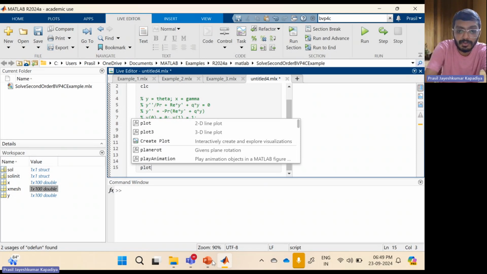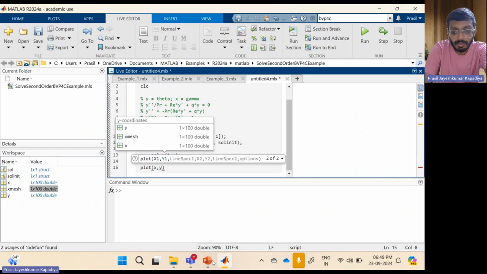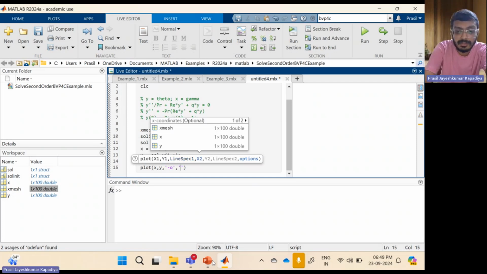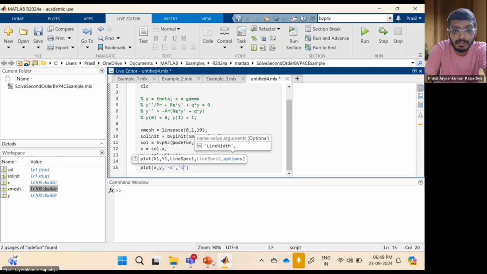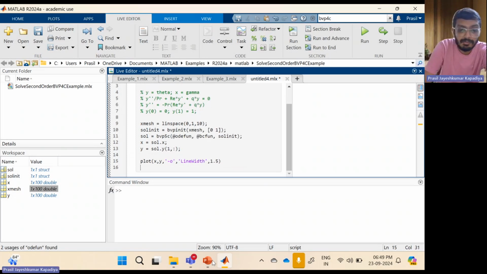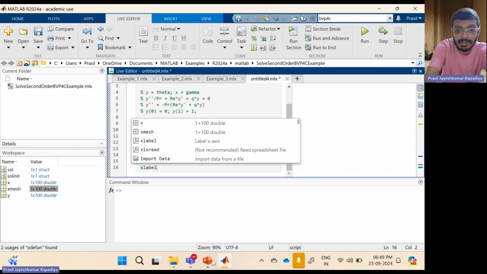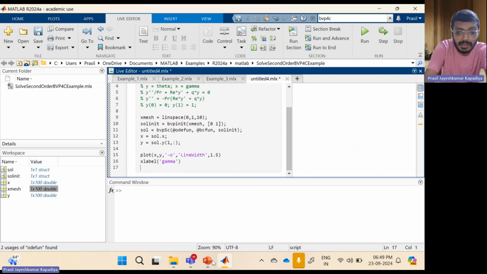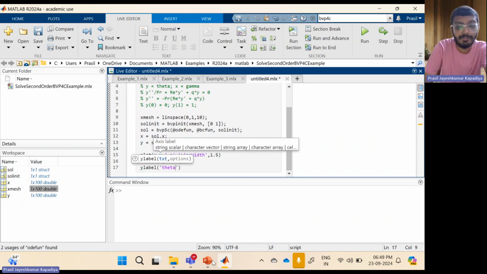So if I will plot x comma y, comma, let's say this symbol with line width of let's say 1.5. My x label is gamma, and my y label is theta.